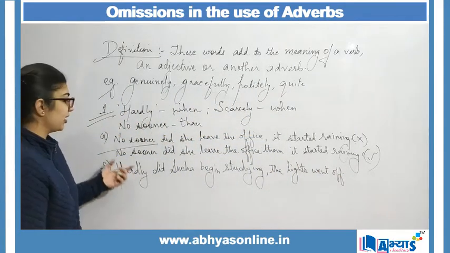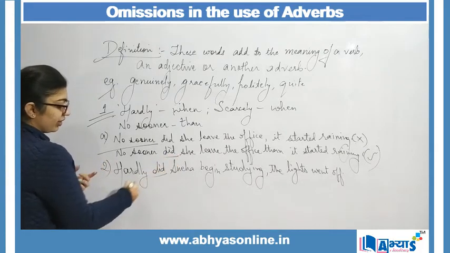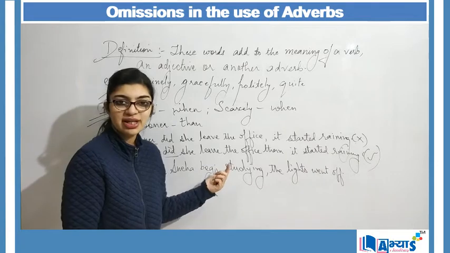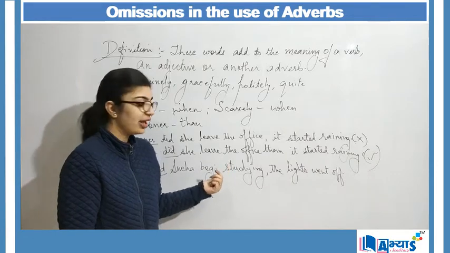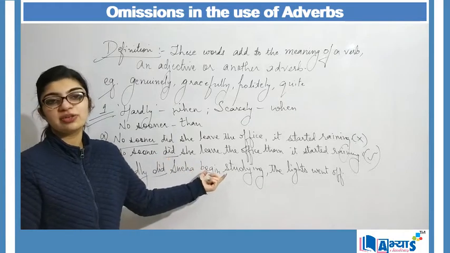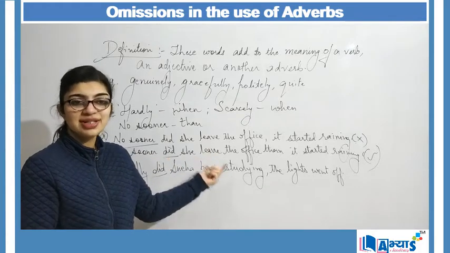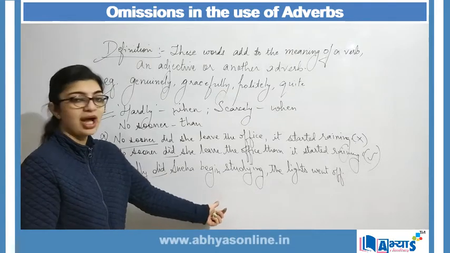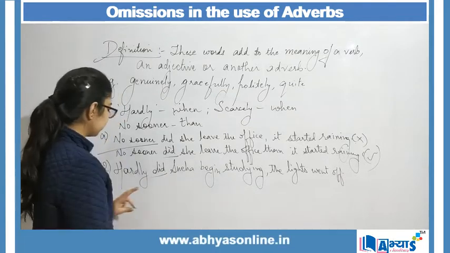Now you can see when I'm using did, with that I'm making use of the present tense. So this is again the rule that with did we will always make use of the present tense. Similarly here, when I'm using did, along with did I'm making use of my present tense.